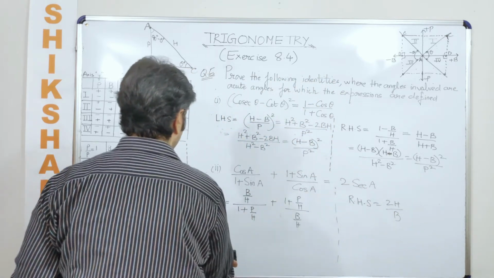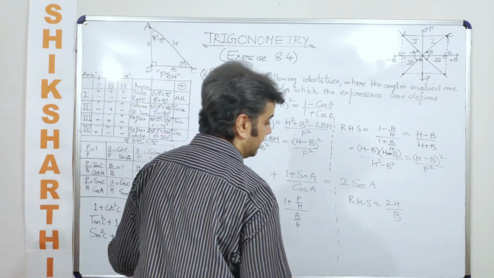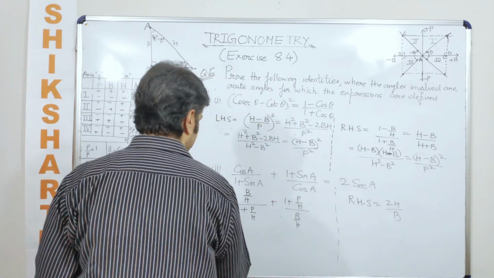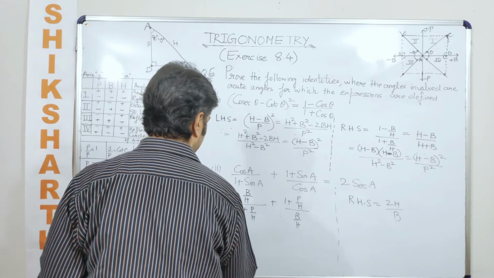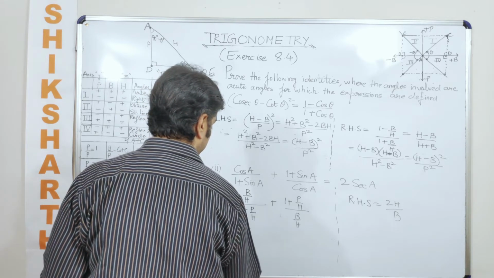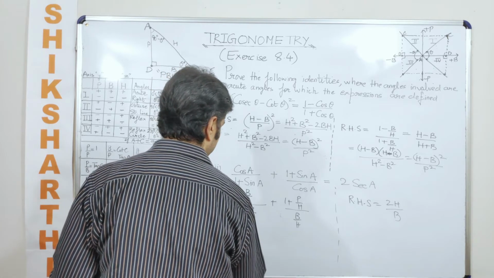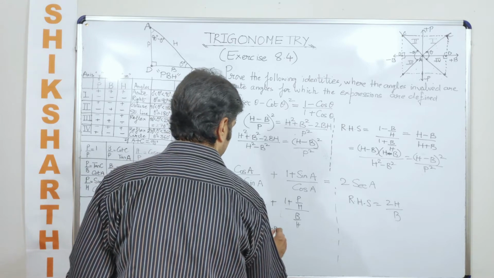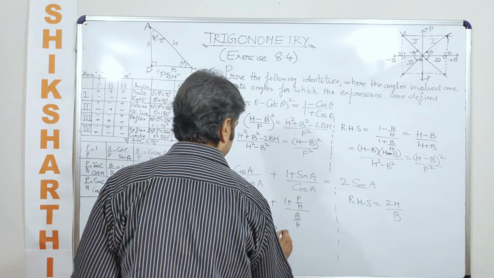So all we need to understand from here is the right hand side value is having only h and b. So we need to eliminate p. Let's see how will we eliminate p from here. Can I write it like this is b divided by h plus p, plus h plus p divided by h.